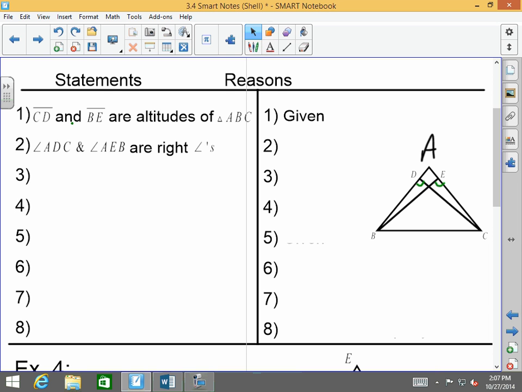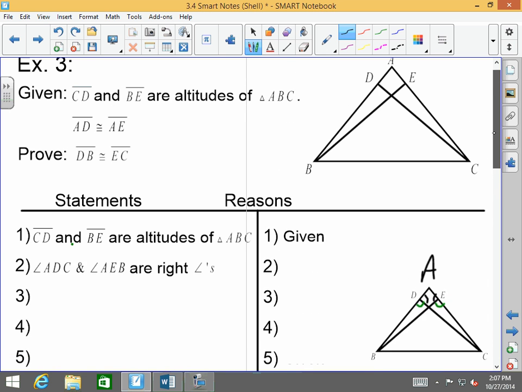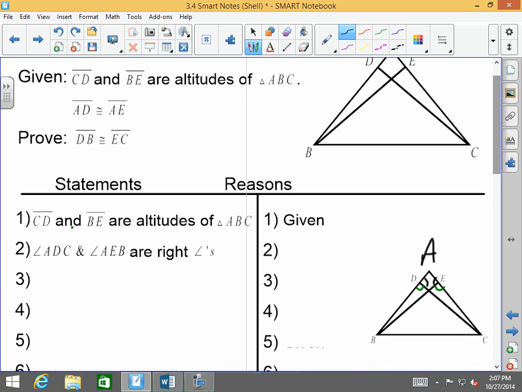So I'm going to say now that, because there's two 90s that are created here, ADC and AEB are right angles. Why did I choose those? Well, if you think about it, they're talking about AD and AE in the next given, correct?